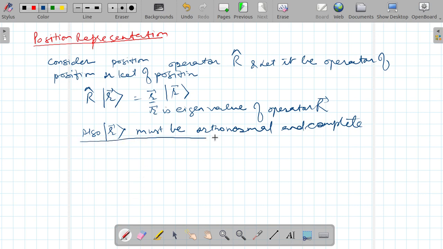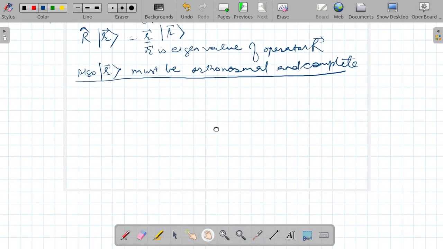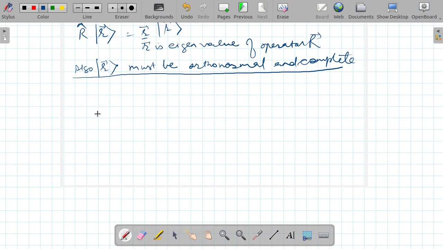So what does it mean, orthonormality and the condition for completeness? If the scalar product of R with R prime is equal to a delta function, then it is the condition of orthonormality.